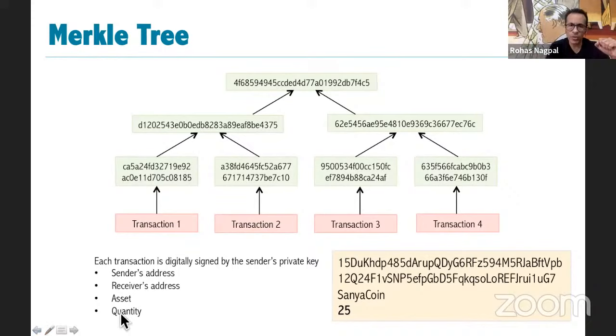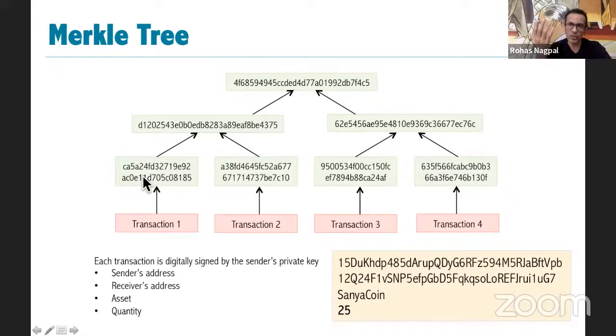And what is the quantity? 5, 10, 20, 2.55. What is the quantity I'm sending? So for example, this is what the sender's address could look like, the receiver's address. This is what the asset could be, say Sanya coin as an example, and let's say we are sending 25. So like this, all this is one transaction. So let's say there are 4 transactions. Now obviously 4 transactions means we calculate 4 hashes out of it.